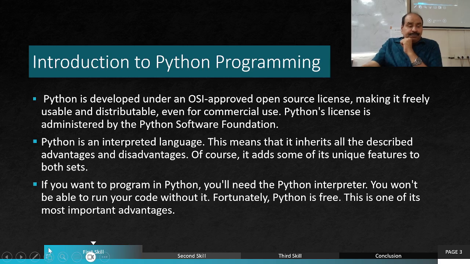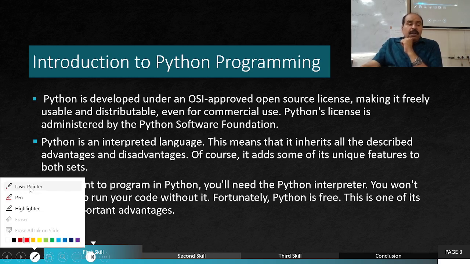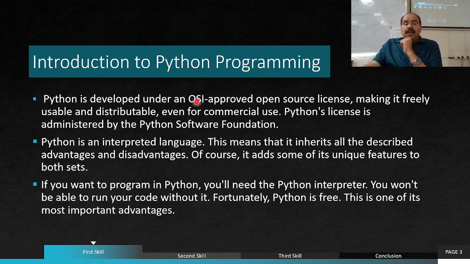Python is developed under an OSI approved open source license. Open source license means you don't need to pay anything. You know what is open source? For most of the software we use, we need to pay license fees.